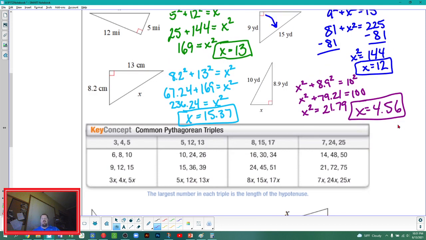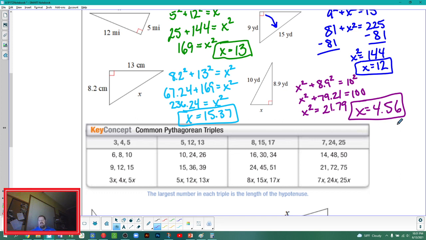Now, what's used more often than anything when it comes to the Pythagorean theorem is that there's a set of different three-sided triangles that are guaranteed to be a right triangle. If I have a triangle that has lengths of 3, 4, and 5, I'm guaranteed that it's a right triangle.